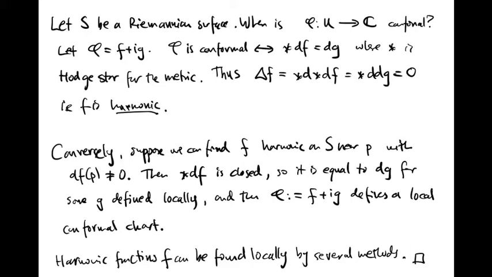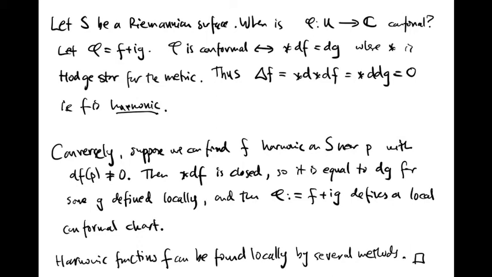If we apply star d to star df, the result is the Laplacian of f. On the other hand, this is equal to star d dg, and d squared of g is 0, so consequently the Laplacian of f is 0, which is to say that f is harmonic.